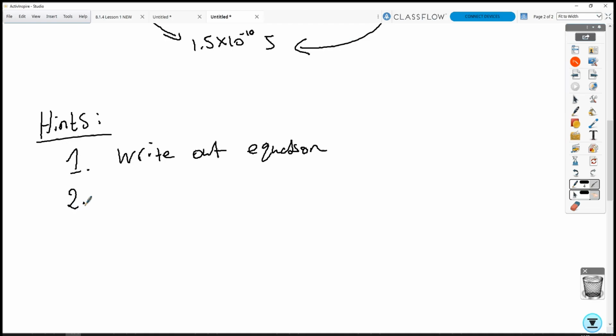Number 2, only use 1 unit throughout the whole process. And then number 3, if you need to convert to something else, do that at the end.